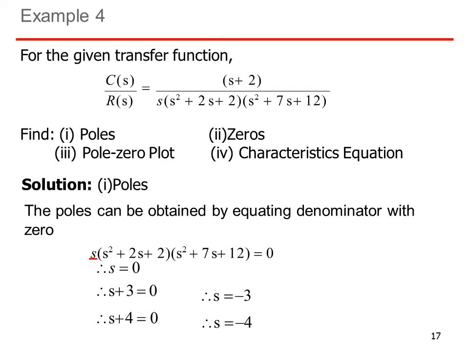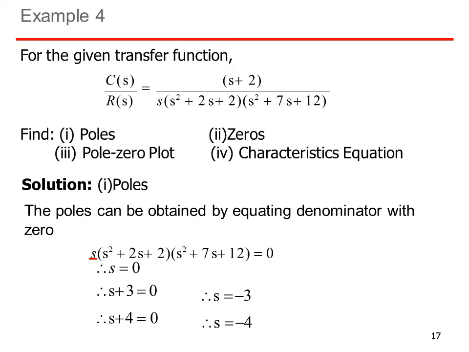Next example. I suggest you solve all these examples using pen and paper at least 2 times so that you can solve these confidently. The transfer function is C(s) divided by R(s) is equal to (s plus 2) divided by s (s square plus 2s plus 2)(s square plus 7s plus 12), and we have to find the poles, zeros plot and characteristic equation.